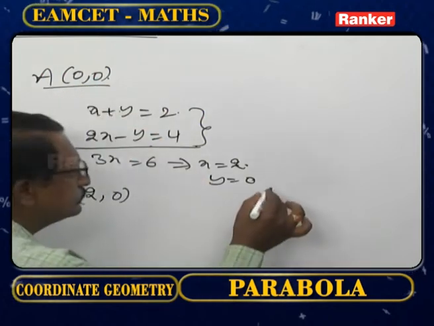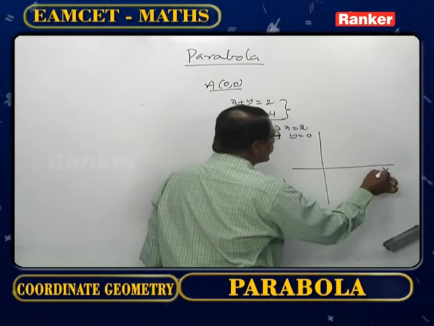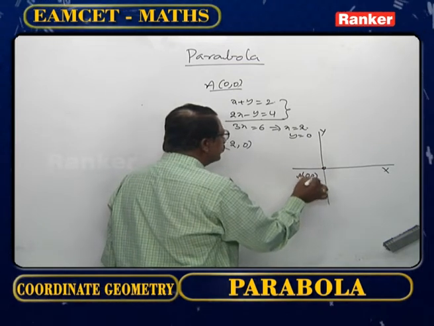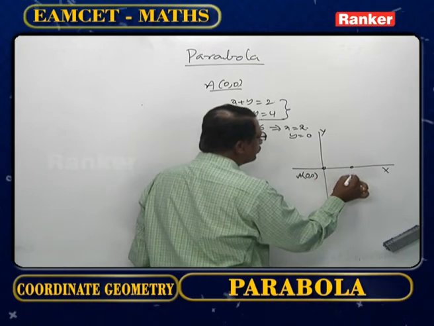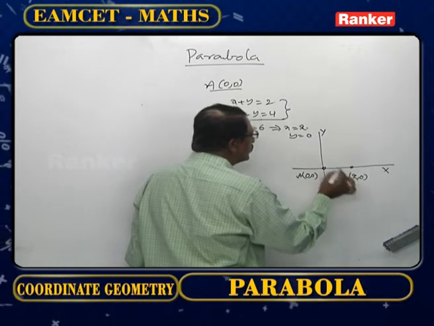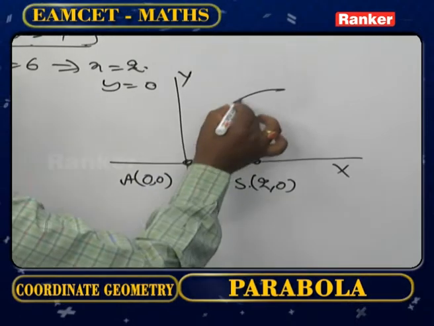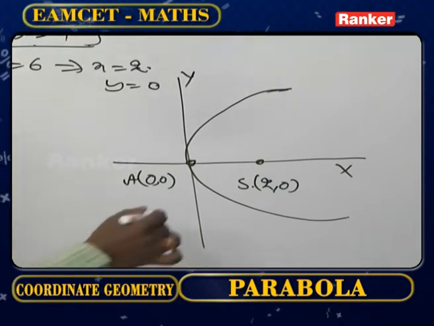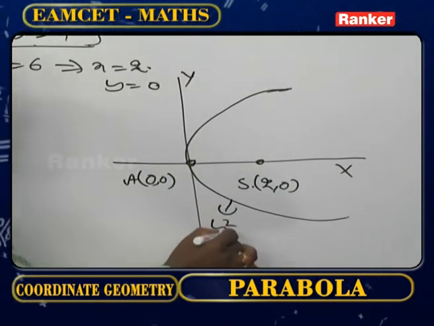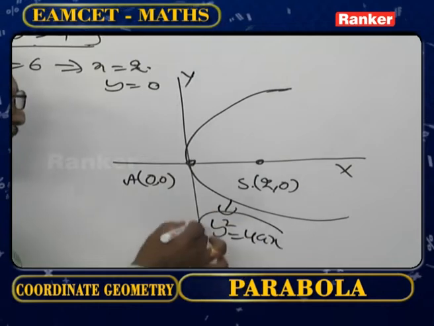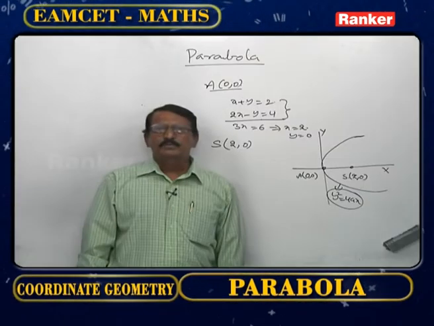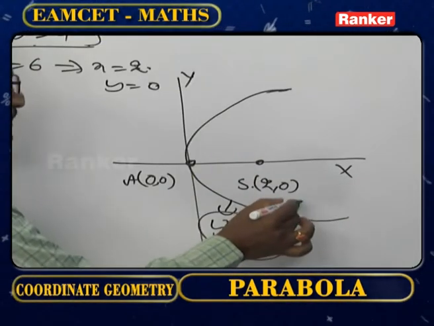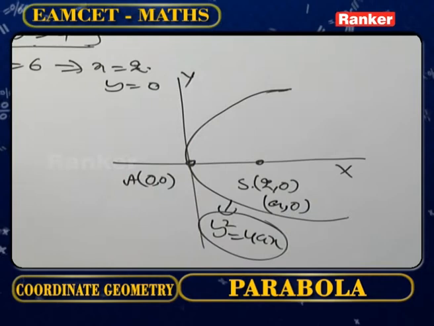The vertex is (0, 0) and the focus lies on the x axis at (2, 0). The focus always lies inside the parabola, so the equation must be of the form y² = 4ax. For y² = 4ax, the focus is (a, 0), so a = 2.